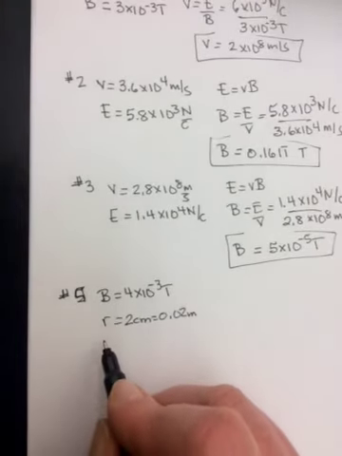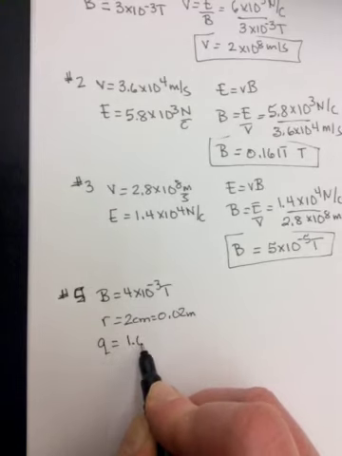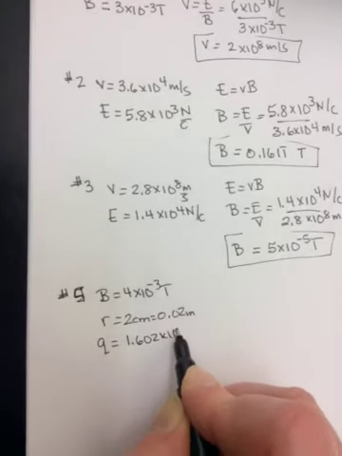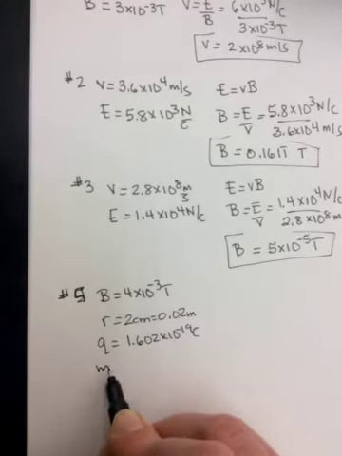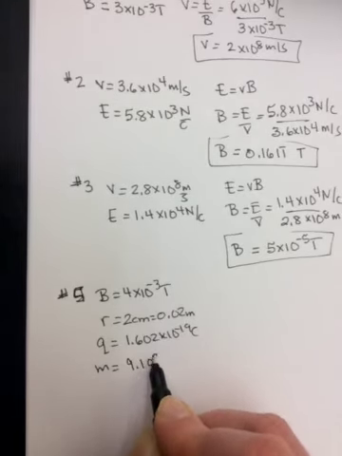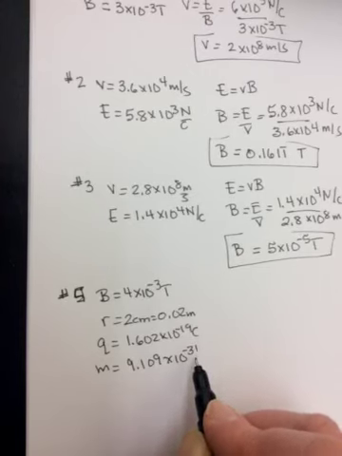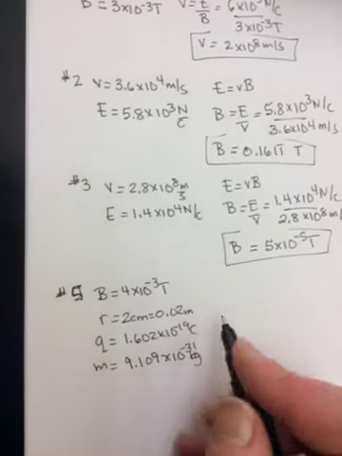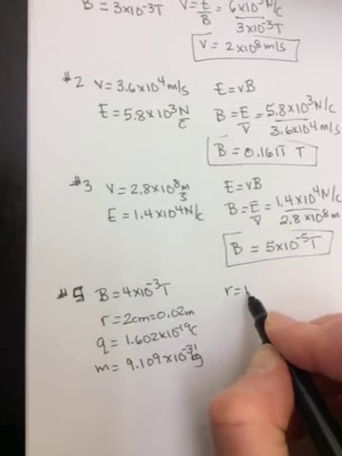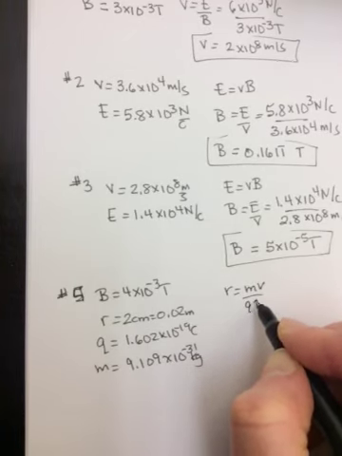What is their speed? So you need the fact that they're an electron, 1.602 times 10 to the negative 19 coulombs, and you need their mass, 9.109 times 10 to the negative 31 kilograms. Okay, and it wants their speed, so you're going to use R is equal to mv over qB.